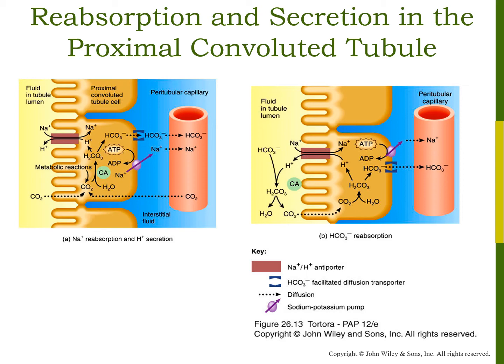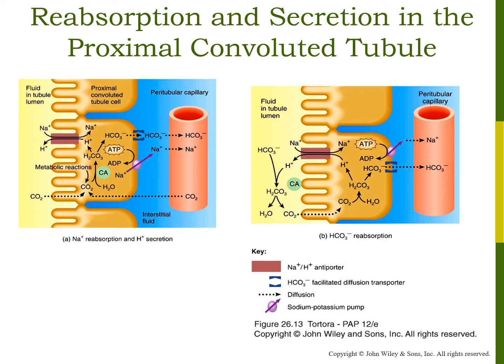So in panel A, or image A, the sodium hydrogen ion antiporter uses a gradient for sodium to move one molecule of sodium out of the filtrate into the tubular cell, while hydrogen is secreted and moved into the filtrate in the tubule lumen.